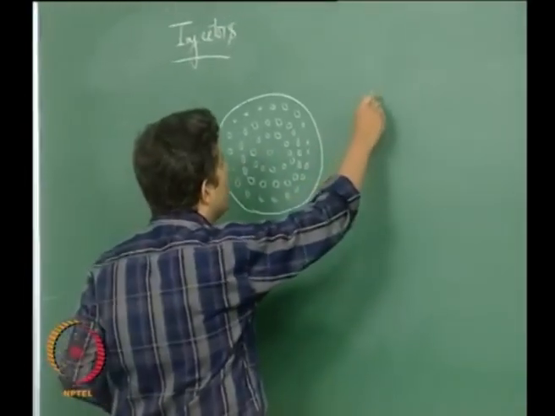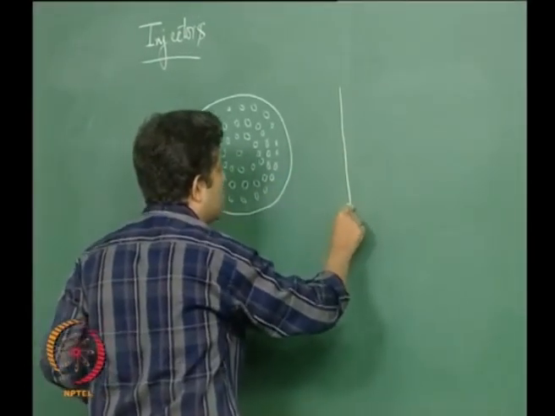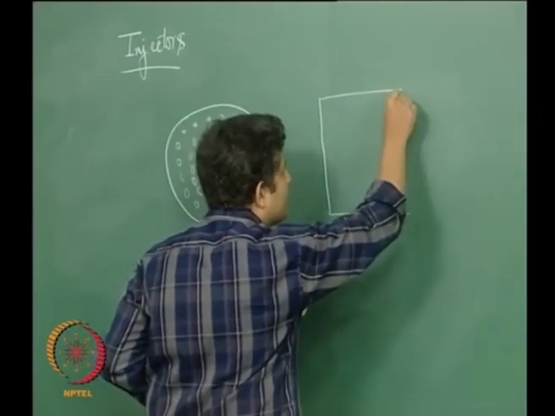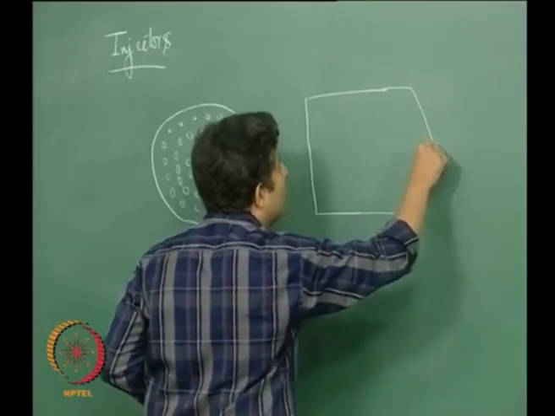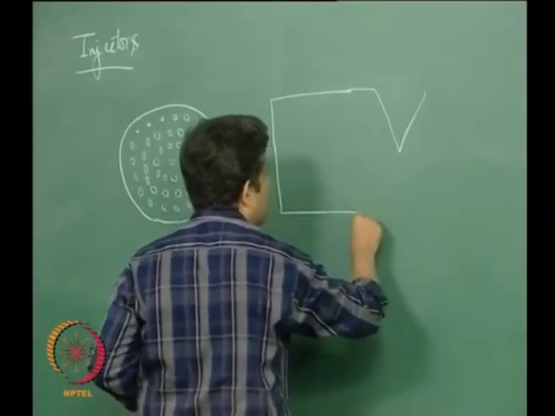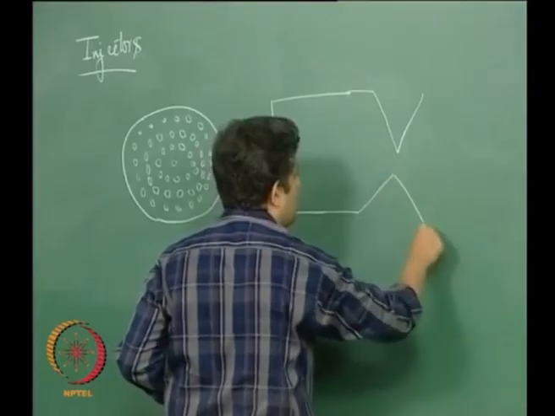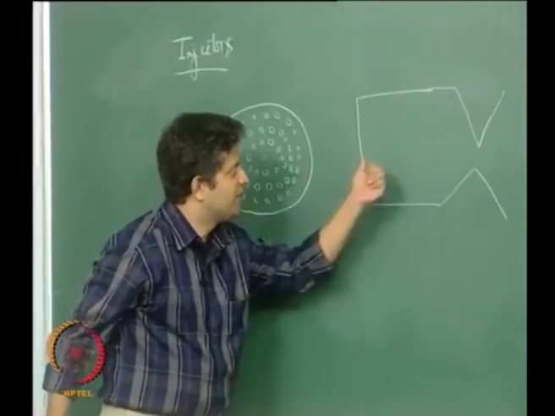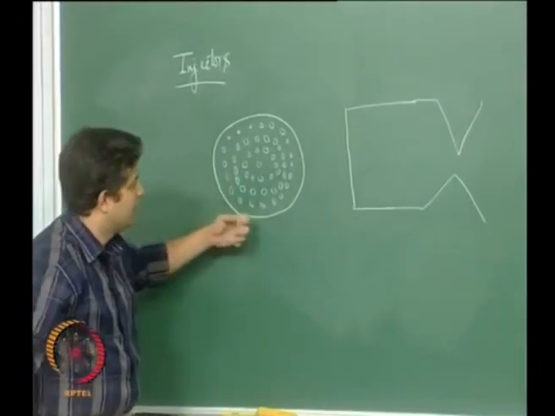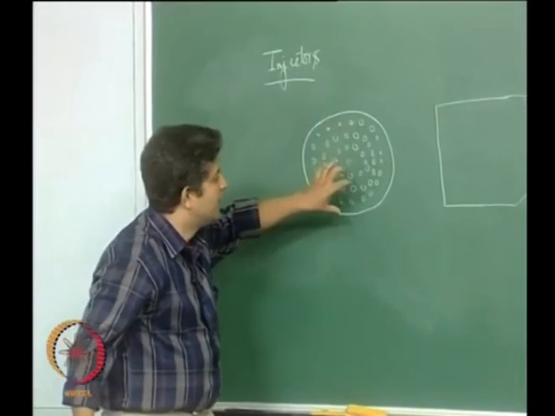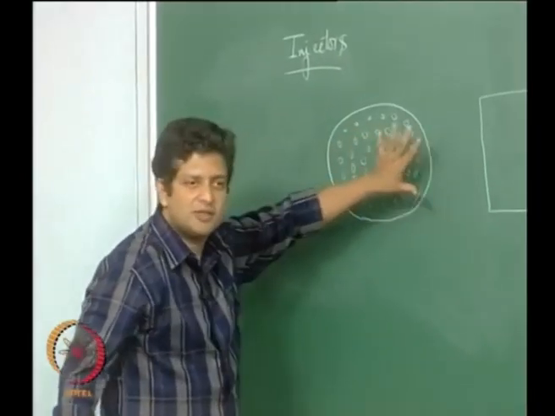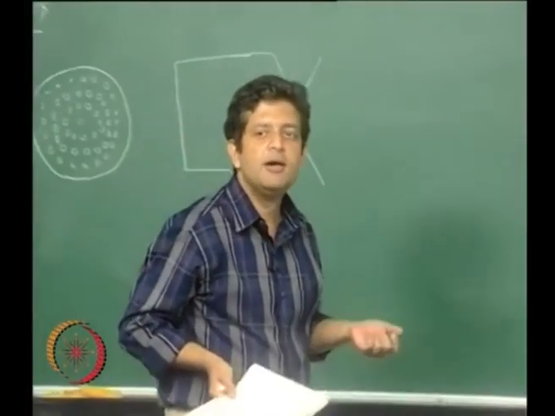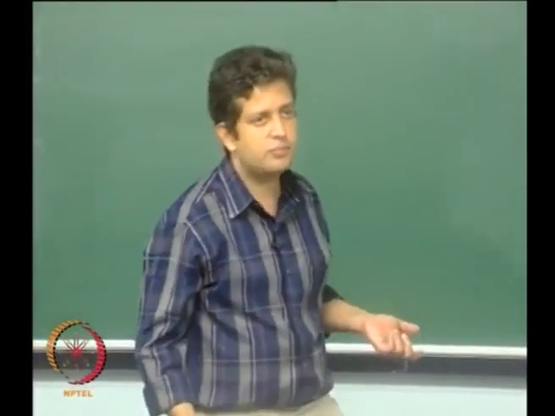This will be the kind of arrangement in a liquid rocket motor, and let us say this is the thrust chamber, and here you have the nozzle. Now if you look at it from that direction, this is the kind of arrangement that you will have. The liquids are pumped at high pressure through these large number of holes. Now the question is, why do we need this kind of injectors?